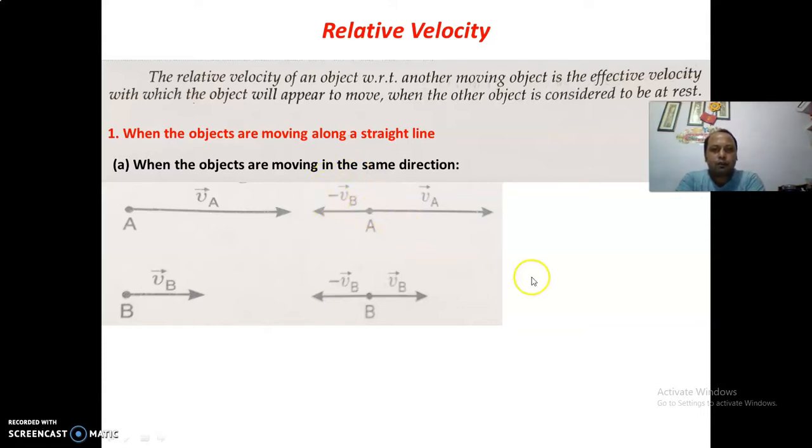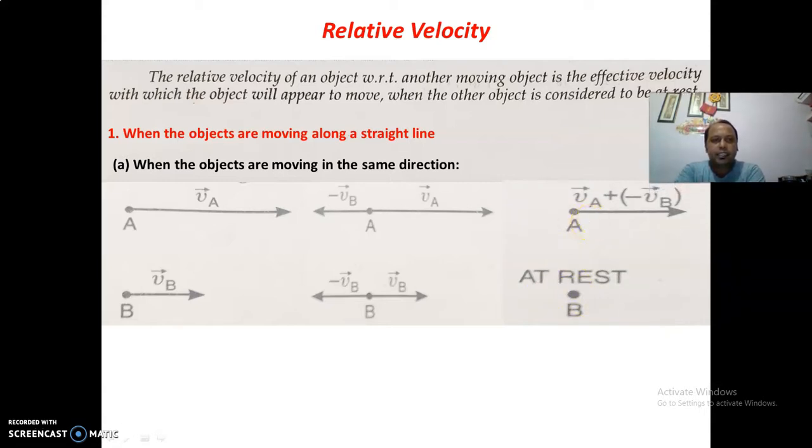So what we finally get is B comes to rest, VB minus VB is 0, and the term here VA plus minus VB, this is in the opposite direction, so you can see the magnitude or the length of VA is reduced here.